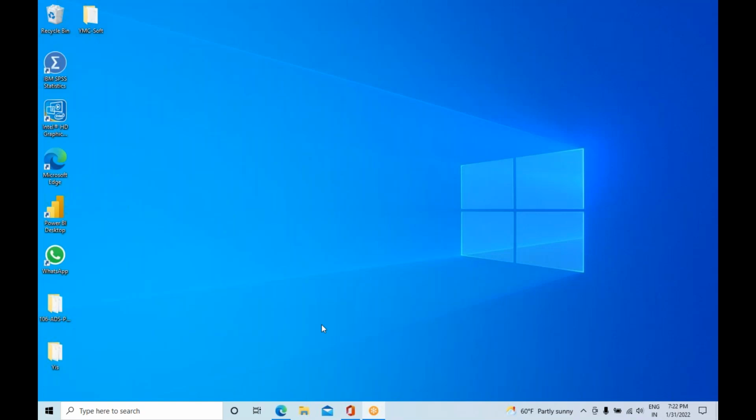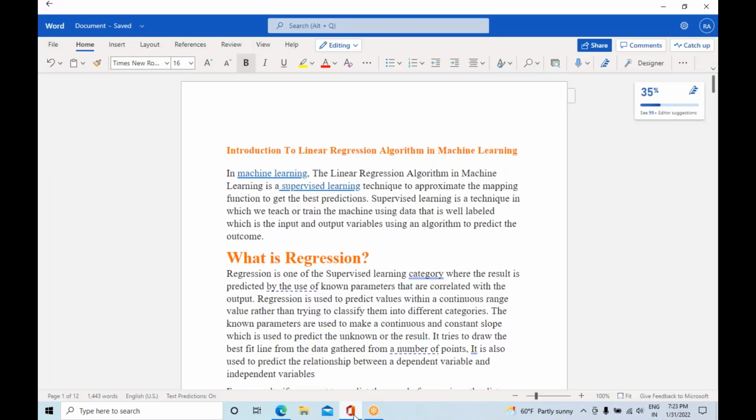Okay, so today we would like to talk about the linear regression concepts. Let's first talk about what exactly machine learning is. I think you guys are already aware of it.